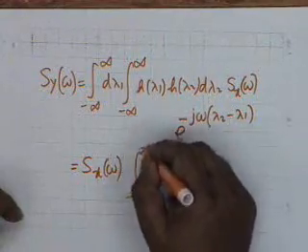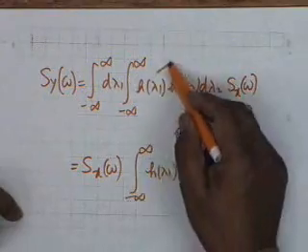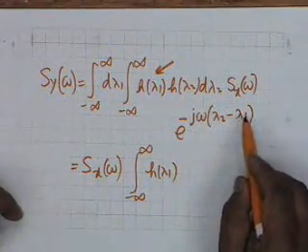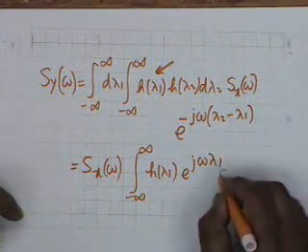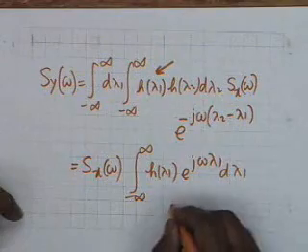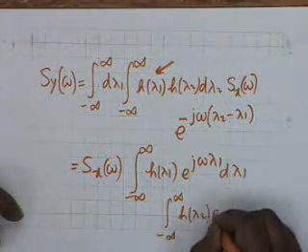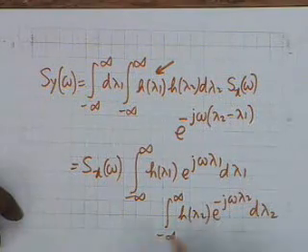Let us first do with respect to lambda 1, h lambda 1, the only other term in lambda 1 is minus j omega minus lambda 1. So e to the power plus j omega lambda 1 d lambda 1 and multiplied by minus infinity to infinity h lambda 2 e to the minus j omega lambda 2 d lambda 2. Is that okay?